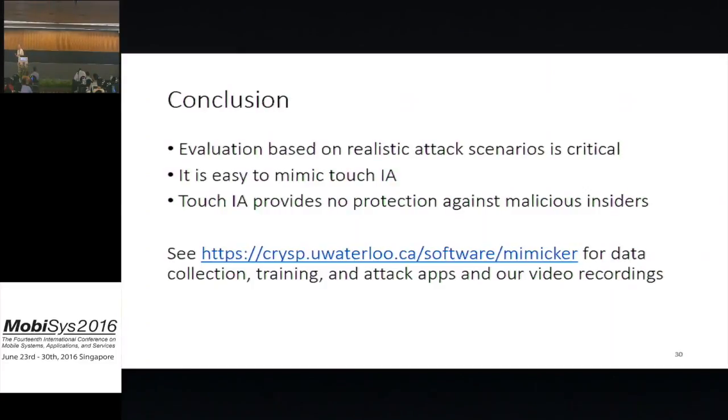Otherwise, you may believe your scheme is secure, but it's not at all. And for touch IA, it's very easy to mimic other people, and therefore, from a security point of view, our statement is that if you worry about malicious insiders, then you should not be using touch IA. As far as we know, it's not secure enough.